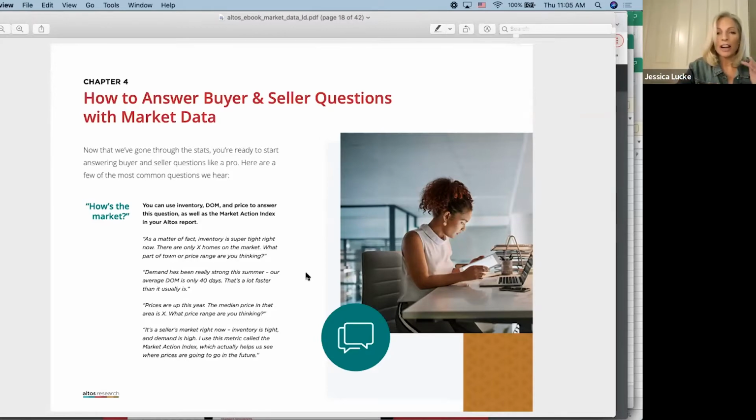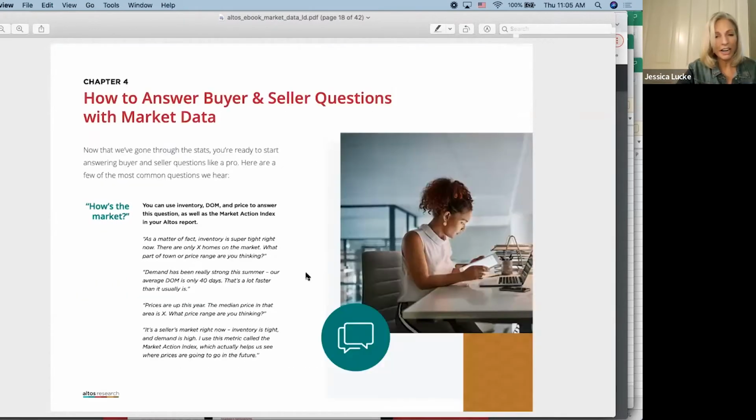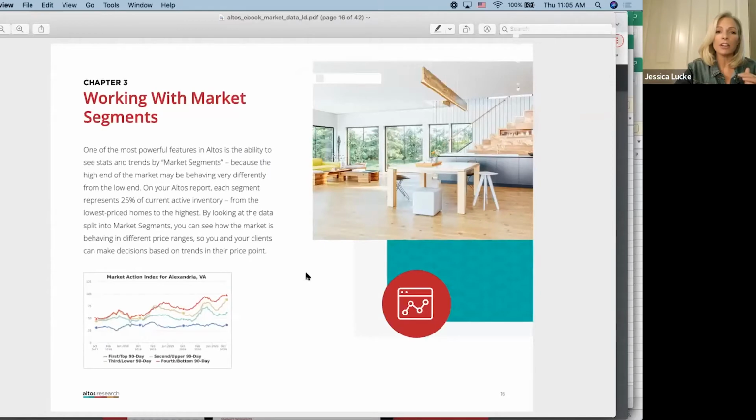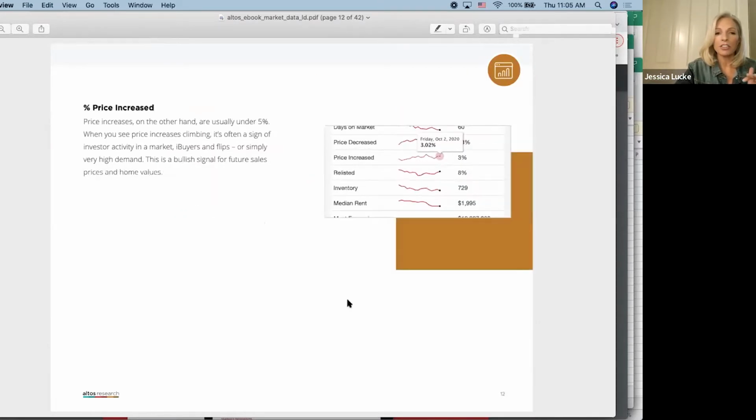So I definitely recommend signing up to receive this ebook. It's free. I always recommend that you print it out. I still like to print things out and use my highlighter and all that great stuff. So I do recommend that you take a look at this. Okay, so that's the first thing I like to talk about.